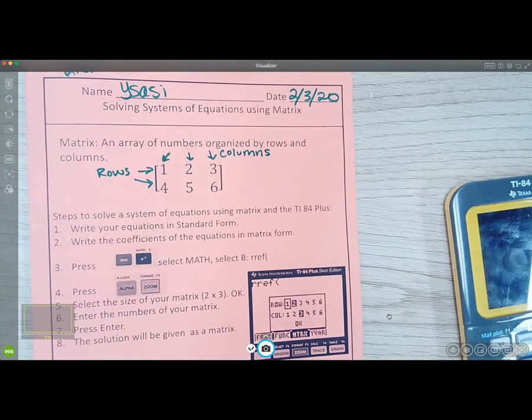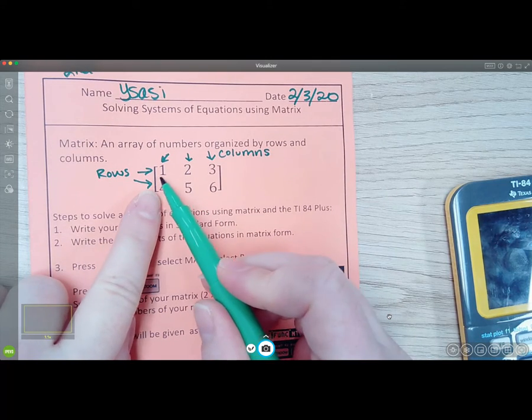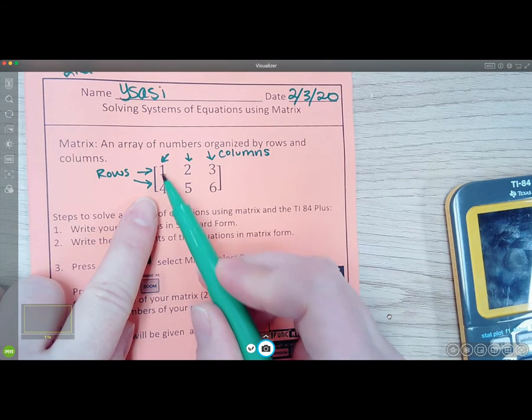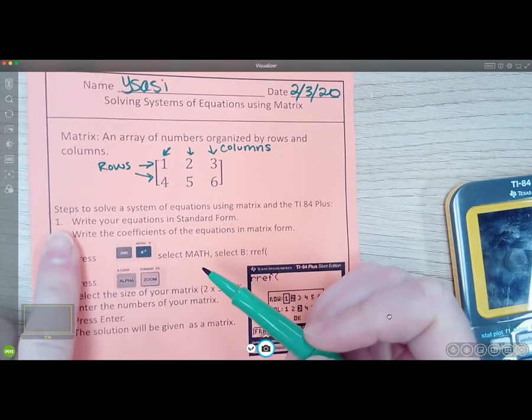These just have numbers in them. When we solve systems, we are going to put the coefficients in the rows and in the columns.